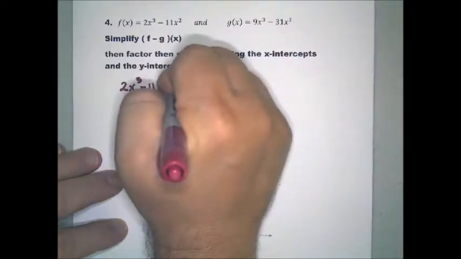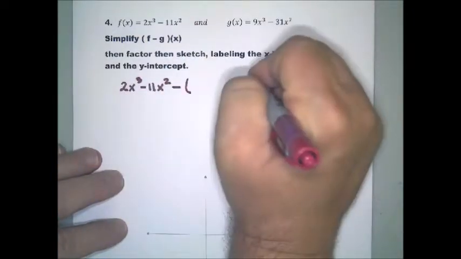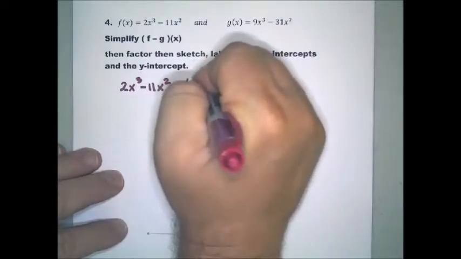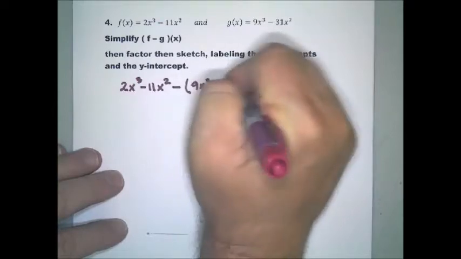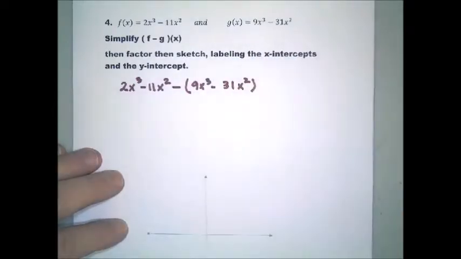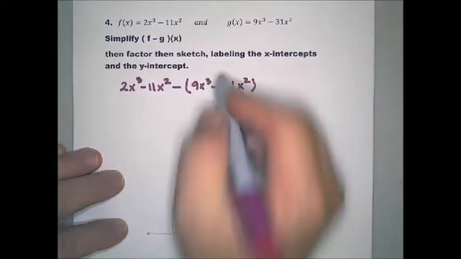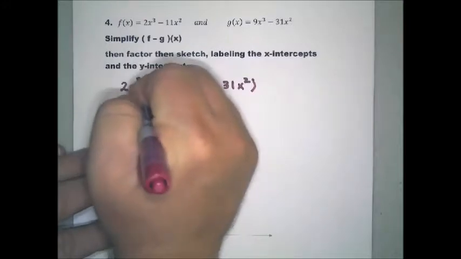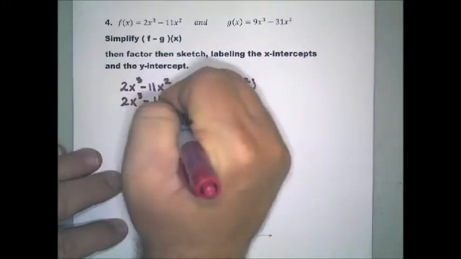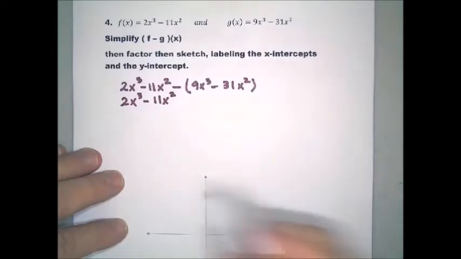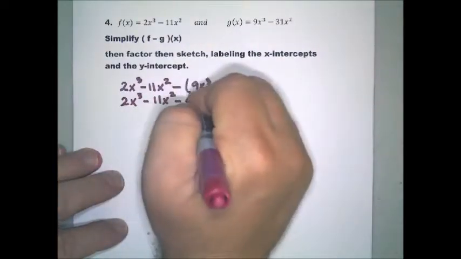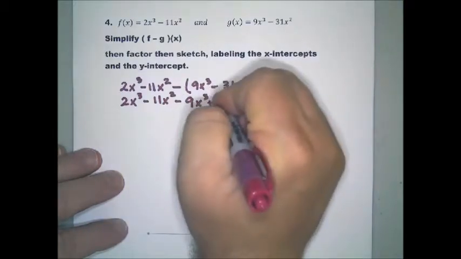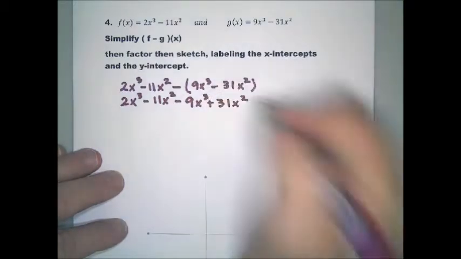Now remember, since g of x is a binomial, we're subtracting this binomial, 9x cubed minus 31x squared. So that subtraction sign is ultimately going to get distributed. So we've got 2x to the third power minus 11x squared minus 9x cubed, and then that would be plus 31x squared.